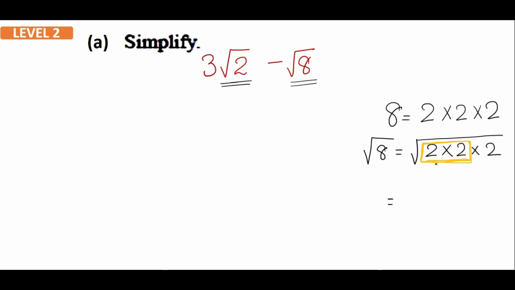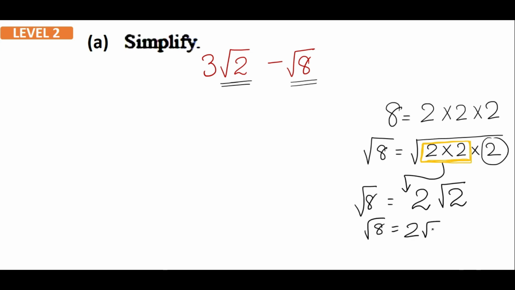When you have the same term repeated twice inside the square root, you can just remove the square root, or you can take one term outside. So this becomes 2 and there is a 2 inside the root that remains. So root 8 is going to be 2 root 2.